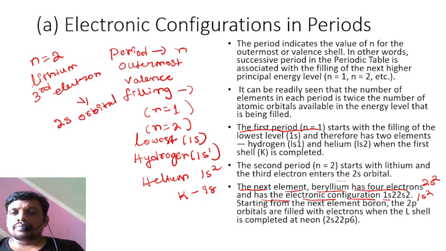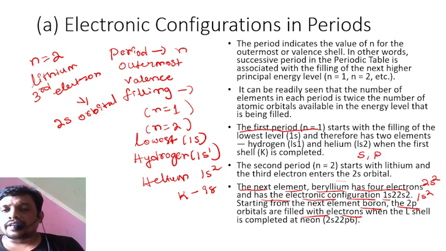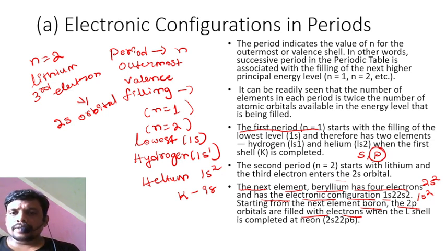Now, starting from the next element, boron, the 2p orbitals are filled with electrons. After the s orbital we have p. So the 2p orbital belongs to the next element, boron, and the orbitals are filled with electrons.